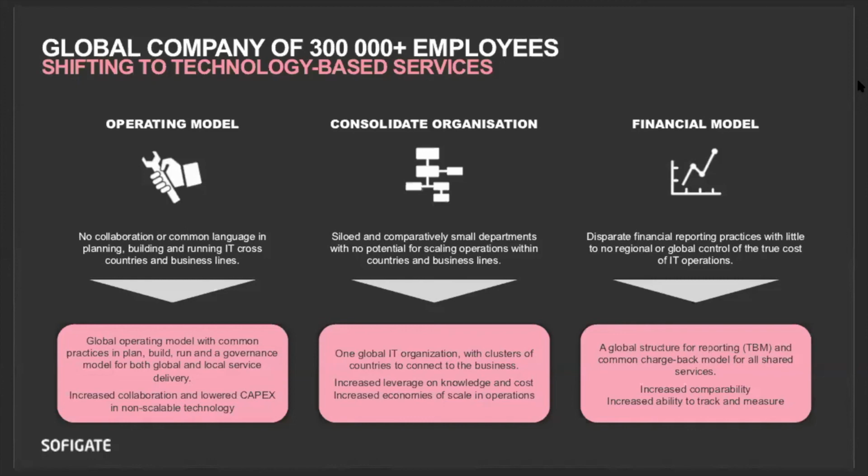So what we did, if I just pick three of the focuses or aspects that we worked on within this program. First of all, we did the operating model implementation at this customer, where we designed and implemented an operating model. By doing this, we created a common language of how we work, as well as how we govern.